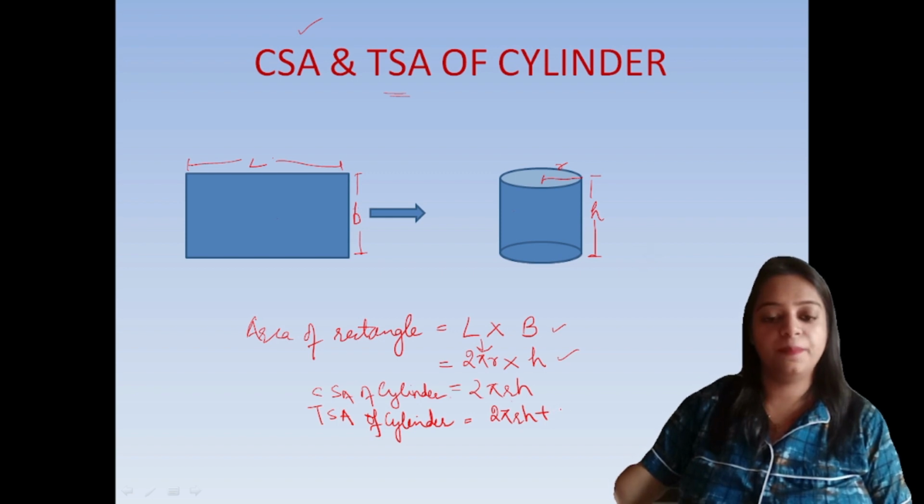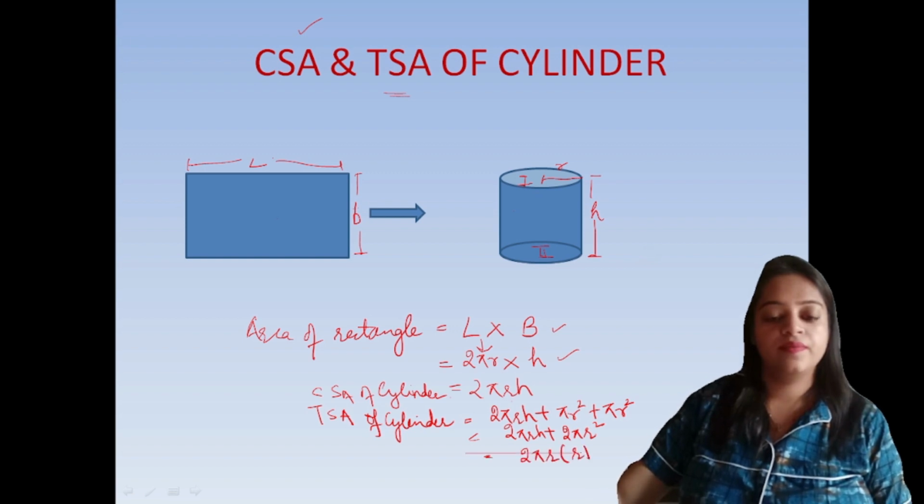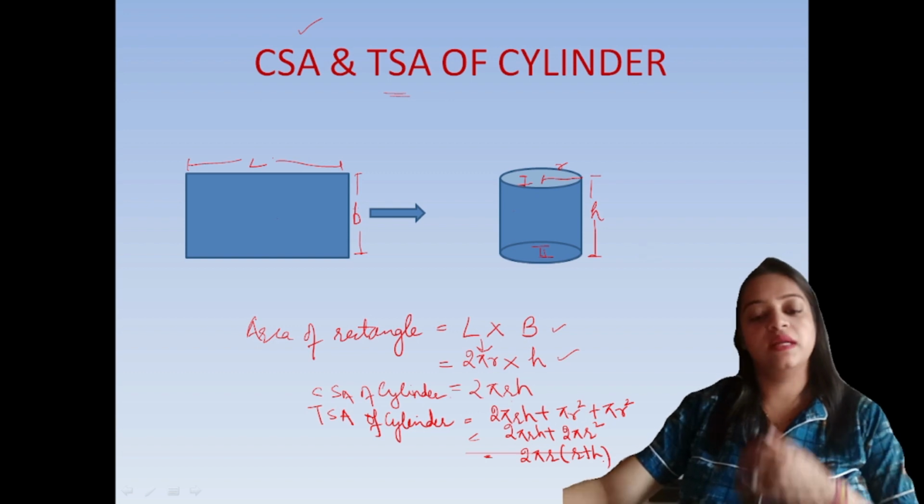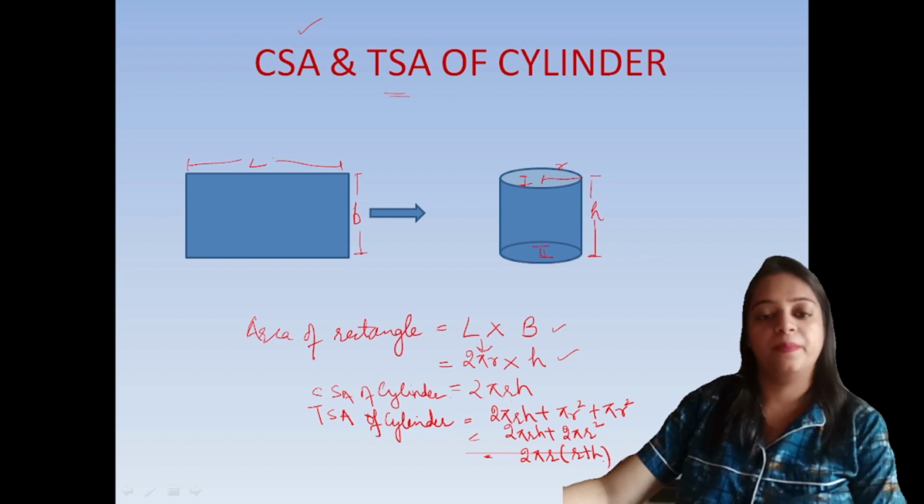Top circular shape का area हो जाएगा pi r square, bottom one also pi r square. You can observe from the figure these two circles. One is this circle, other is this circle, right? So this becomes 2 pi rh plus 2 pi r square, right? Taking out 2 pi r common, formula for TSA of cylinder is 2 pi r into r plus h.